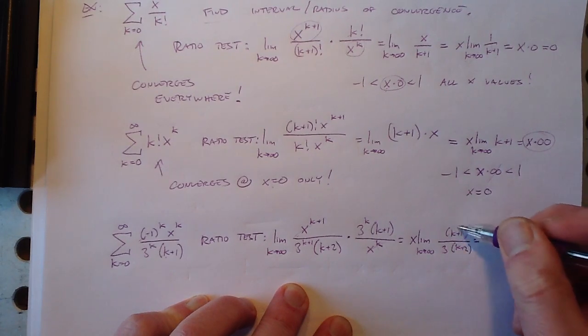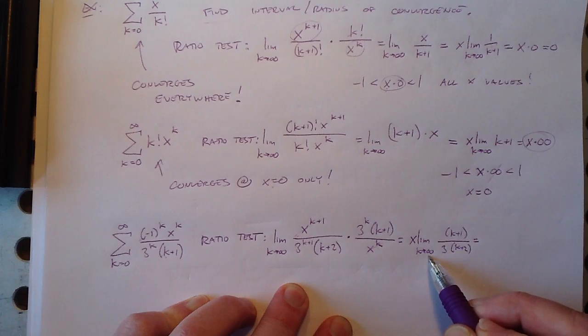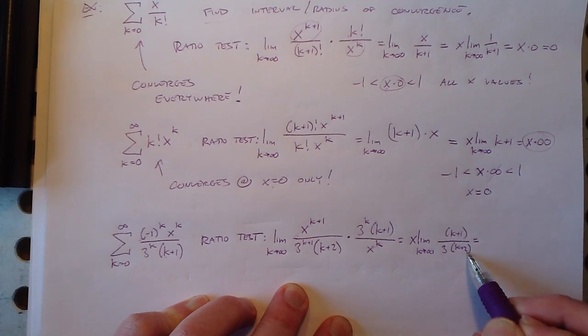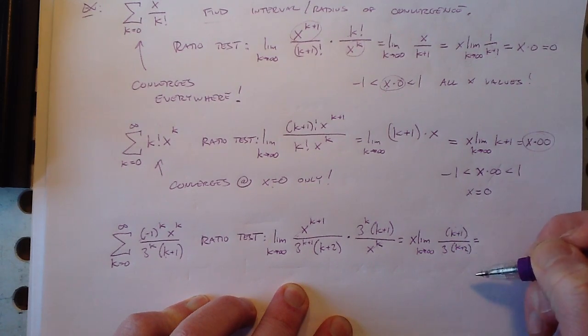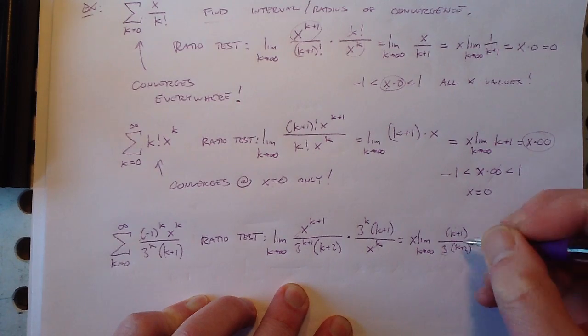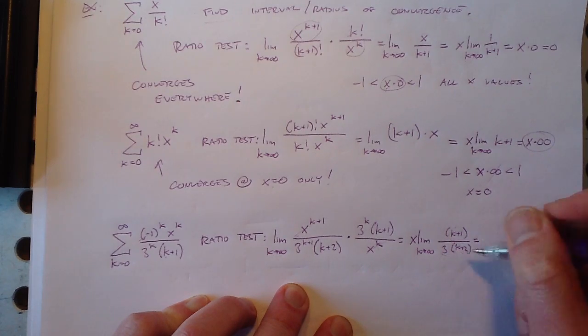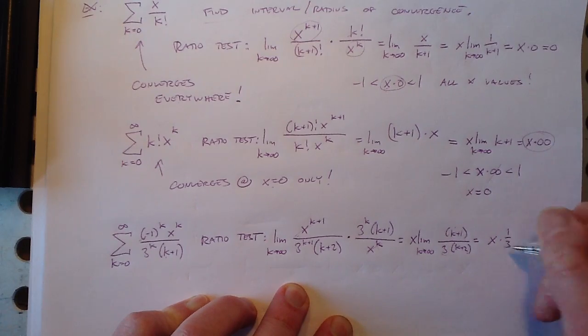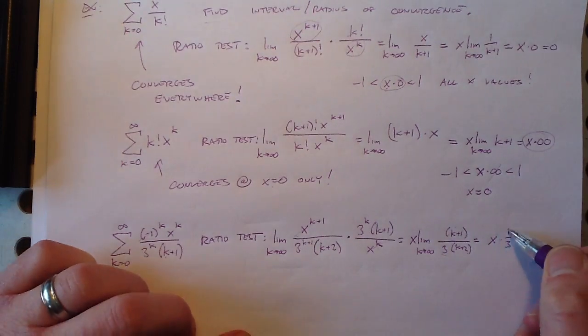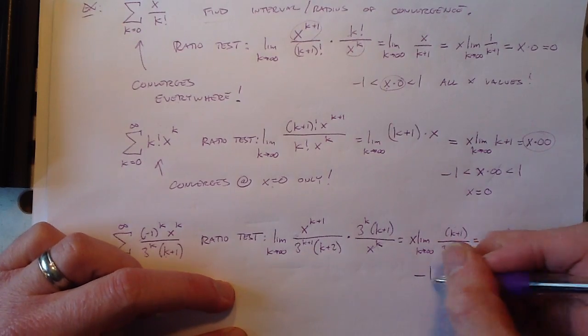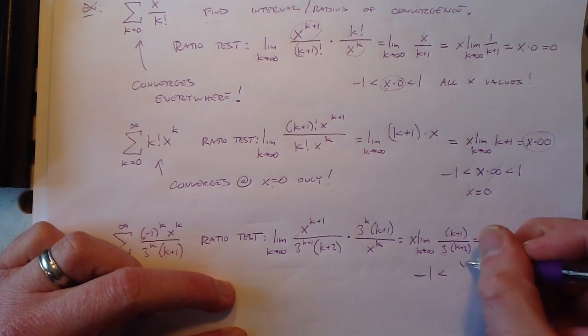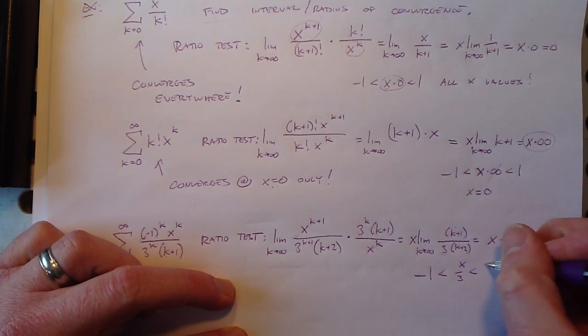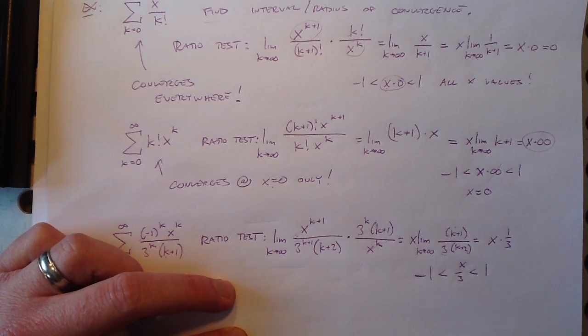So, what's the limit as k approaches infinity of k plus 1 over 3 times k plus 1? Same power, top and bottom. There's a 3 on the bottom. So we do the coefficients, it's 1/3. So that's x times 1/3. Now I need this to be in between -1 and 1.